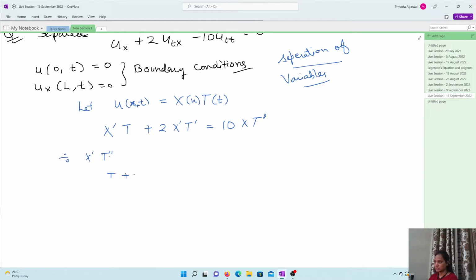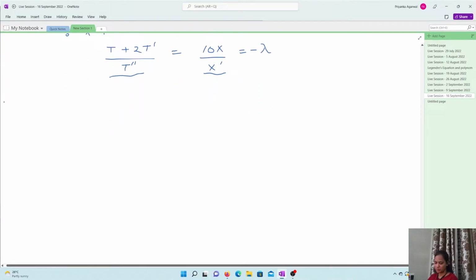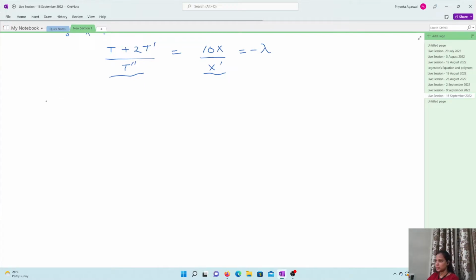Now this becomes (T plus 2T prime) over T double prime equals 10X over X prime. We can write this equal to some constant because both of these are only functions of T and only functions of X. So the equation becomes T plus 2T prime equals minus lambda T double dash.